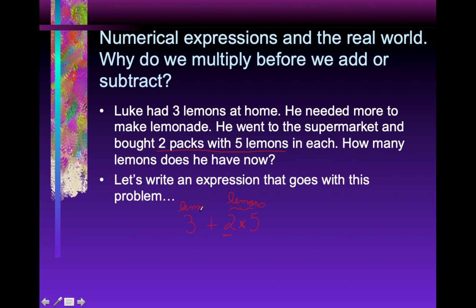So it actually makes sense for me to first unpack this. I have 2 groups of 5, 2 packs of 5 lemons. So it makes sense for me to multiply this first and say, well, he bought 10 lemons at the supermarket. And since he already had 3, now he has 13. So notice that in a real problem situation, it does make sense for us to multiply first and then do the addition. Okay? Let's look at another example.